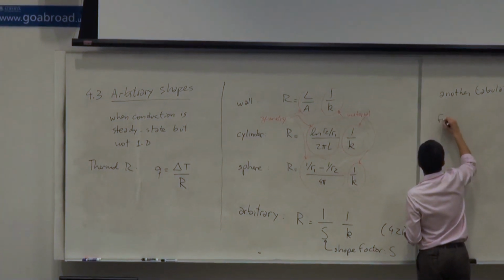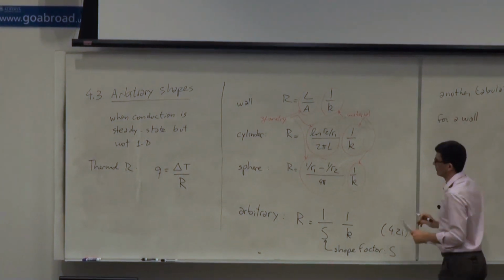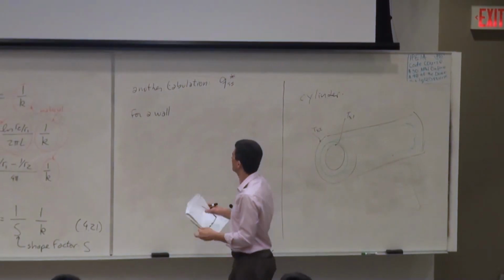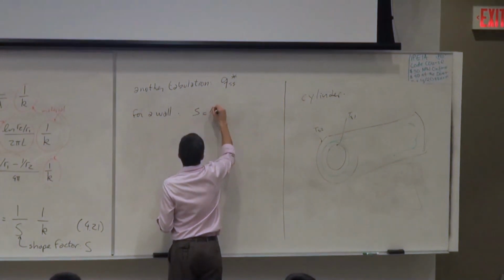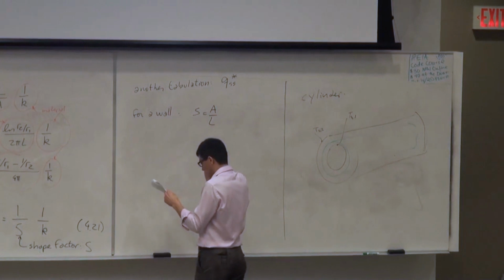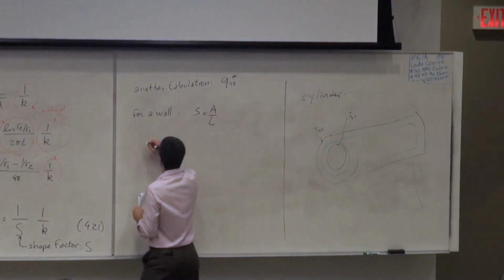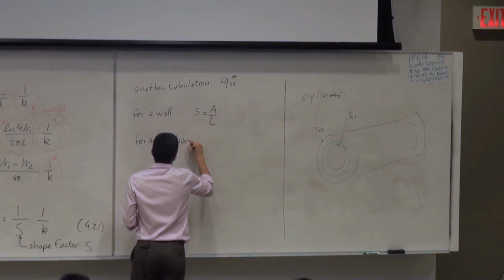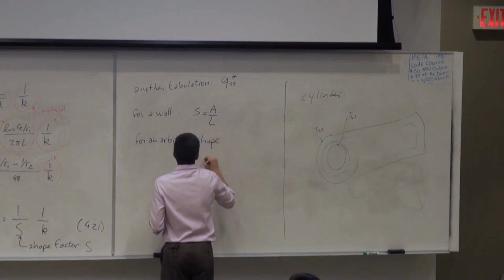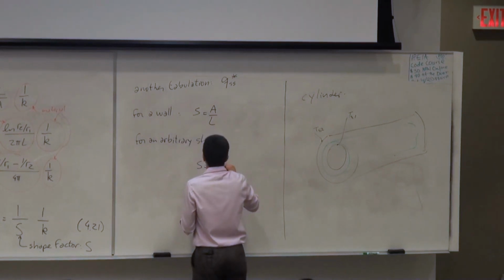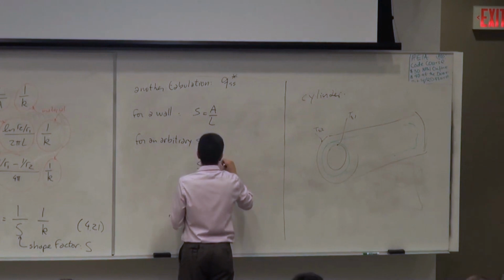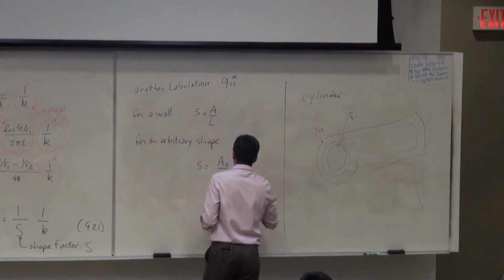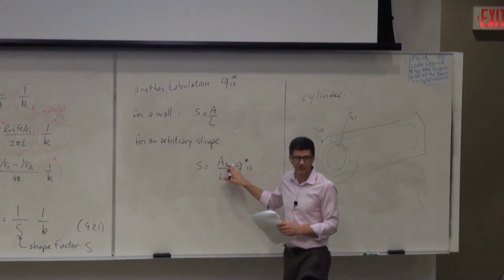You know, for a wall, what is S for a wall? Who can tell me what S for a wall is? A over L, right? We have S is A over L. And so they say, all right, for an arbitrary shape, you have S equals A reference over... So this is the surface area.